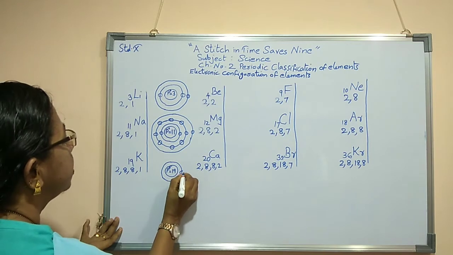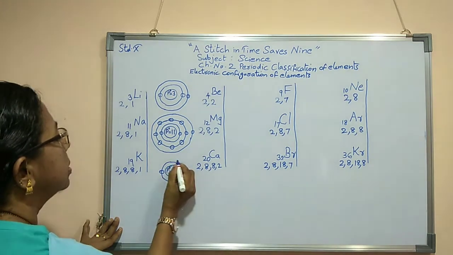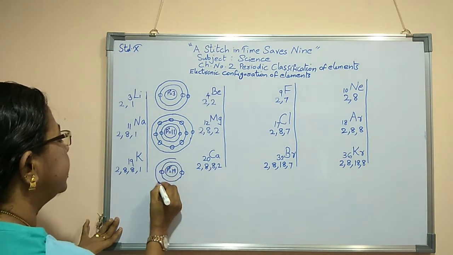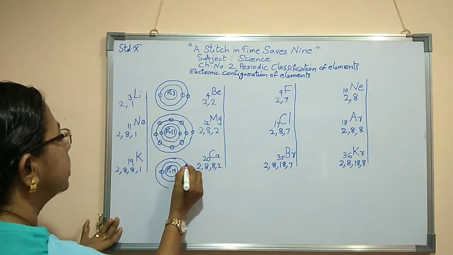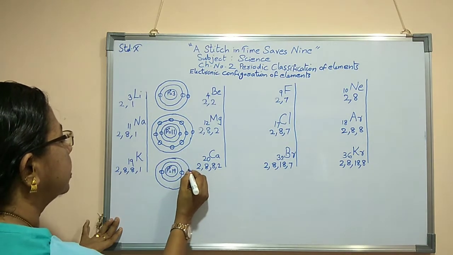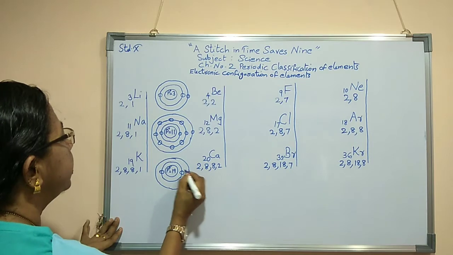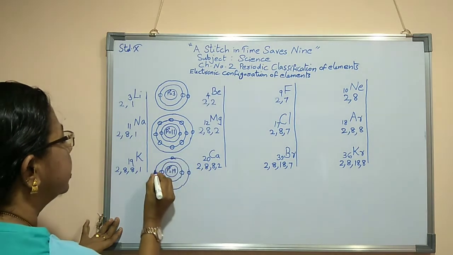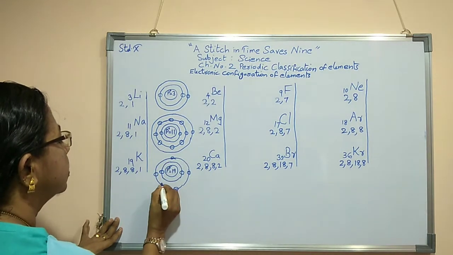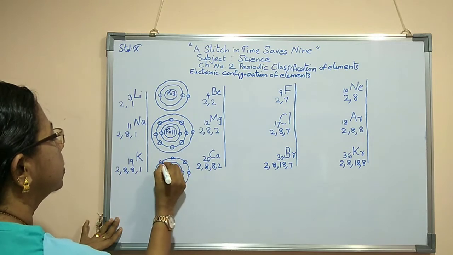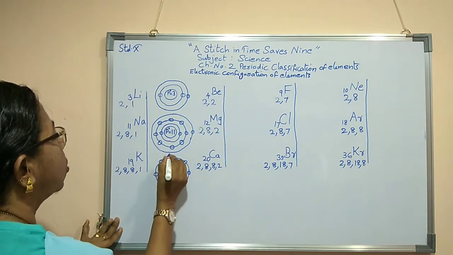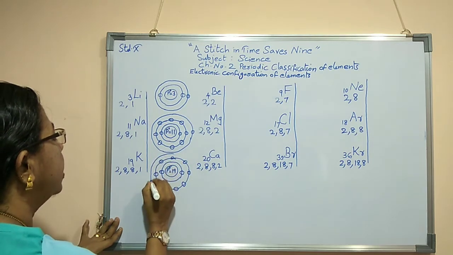It has 2 electrons. The second orbit has 8 electrons. Then the third orbit has only 1 electron.